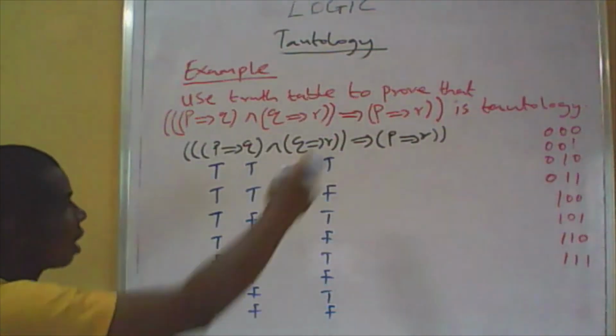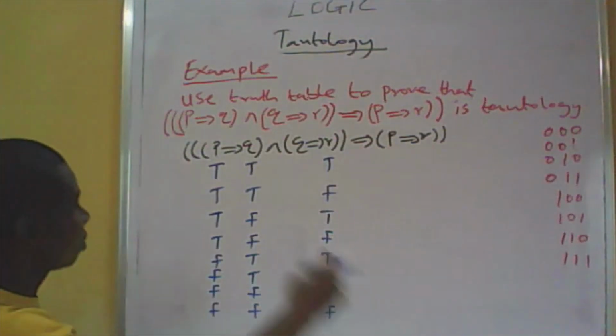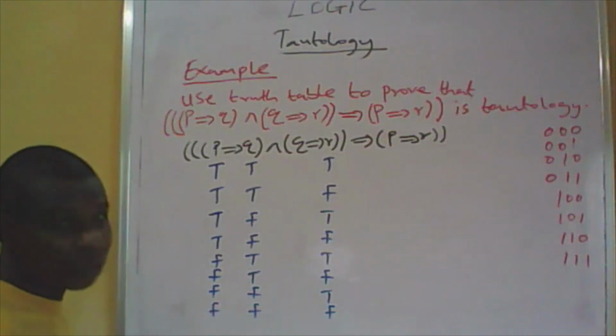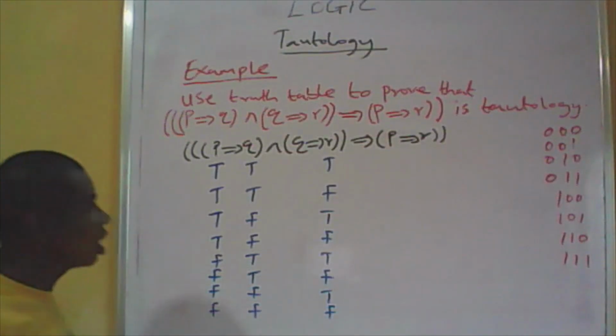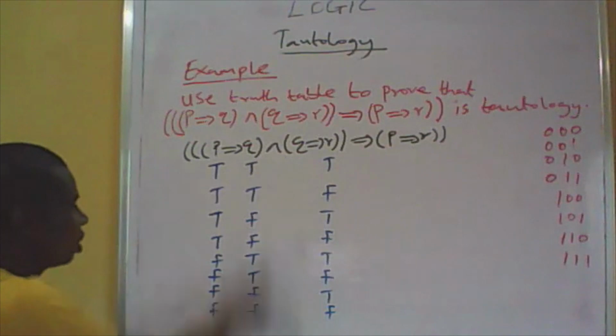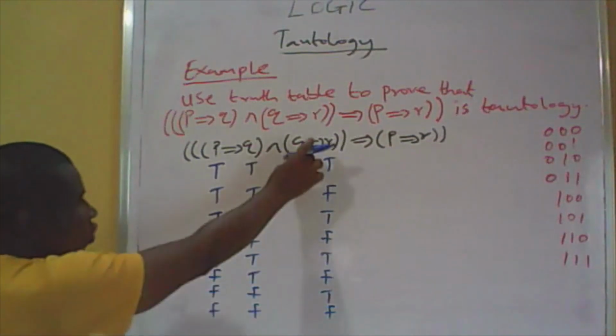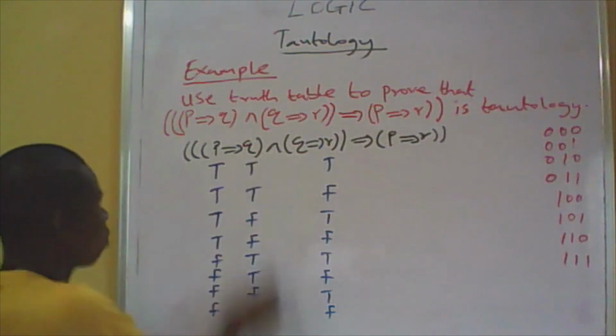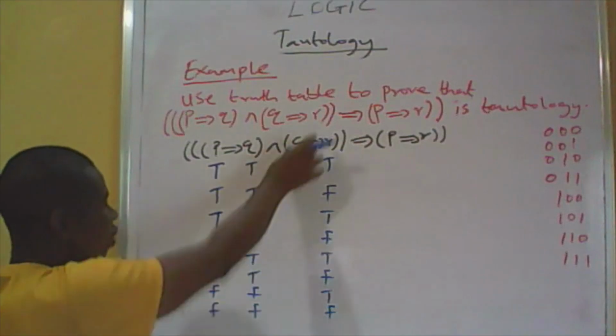Then repeat it for the other remaining statement values that are involved in the simple statements. Here is Q. I have gotten the values of Q. Just copy it here. Under this Q, copy this one also here.